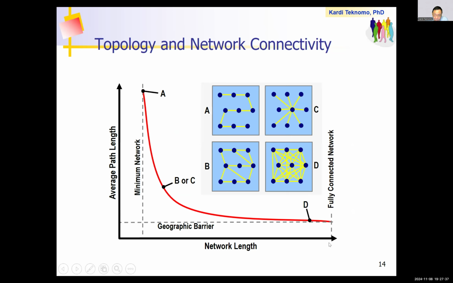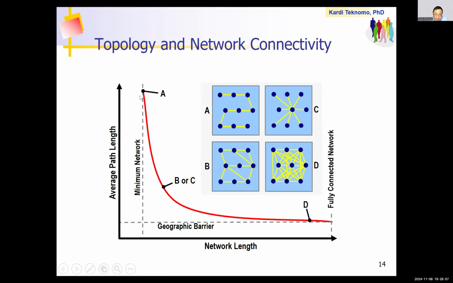Say this is the network length and this is the average path length. There are certain minimum networks here in A. Because this is a graph, that means two directions. When I don't put the arrow, that means two ways. So A here is the minimum network, and D is the most complete network.